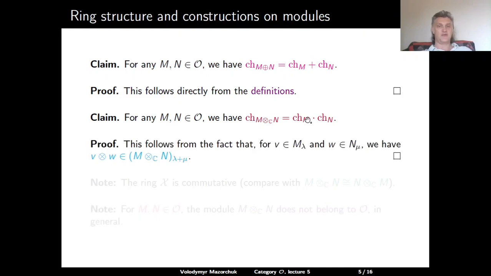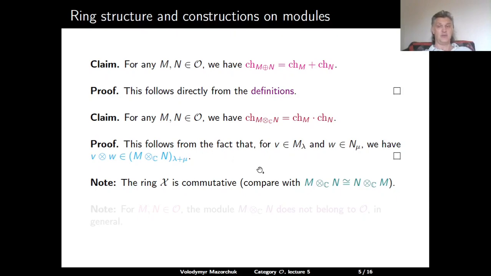This observation follows from the fact that given a vector v in M_lambda and a vector w in N_mu, so v has weight lambda and w has weight mu, the tensor product of these two vectors, v tensor w, is again a weight vector of weight lambda plus mu. Directly from the definition of the product, we deduce that the ring X is commutative.